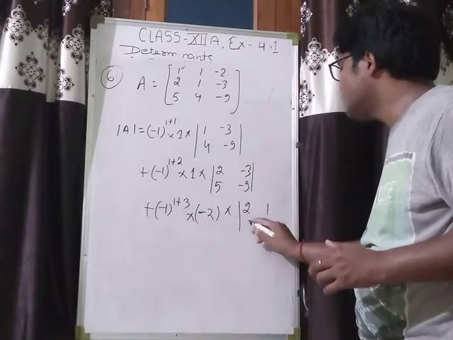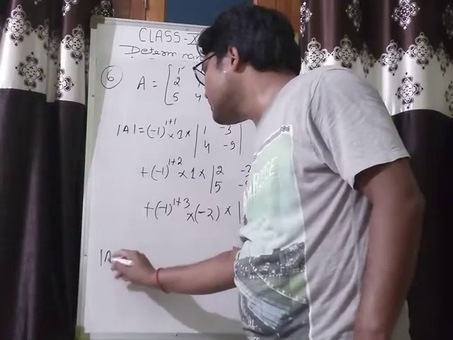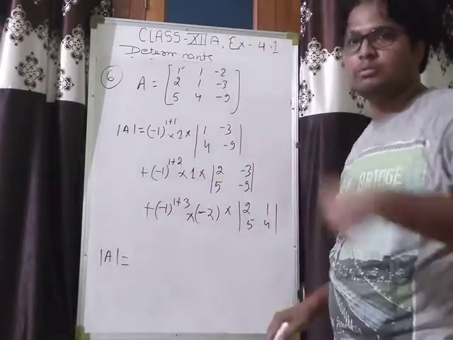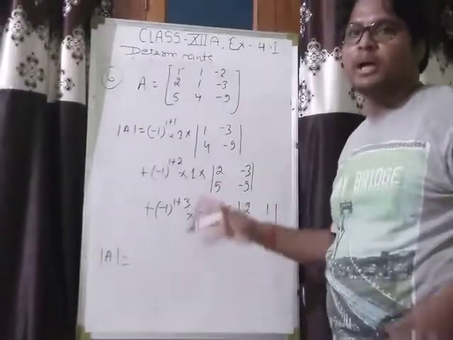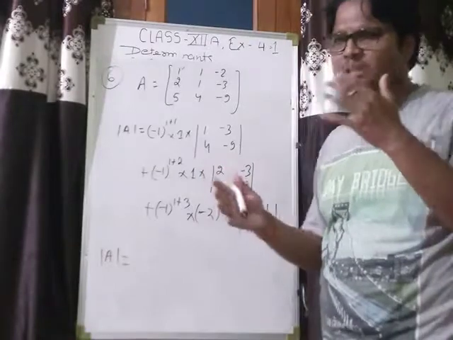So now solve this. So determinant of A will be equal to what? See, this is minus 1 to the power 2, that will be plus 1. देखो ये alternate प्लस माइनस चलता रहता है.